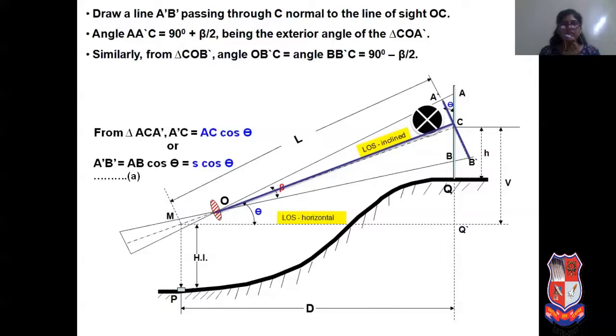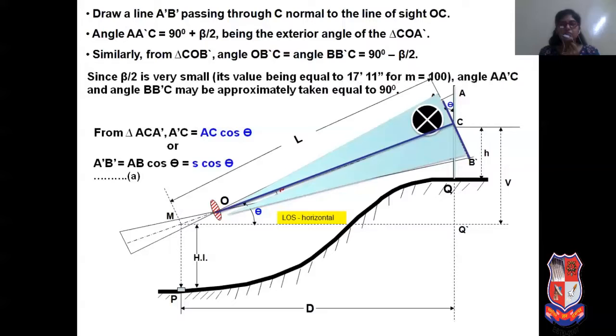Now angle AA dash C is equal to theta plus beta by 2, being the exterior angle of triangle COA dash. Similarly, from triangle COB dash, angle BB dash C is equal to theta minus beta by 2.